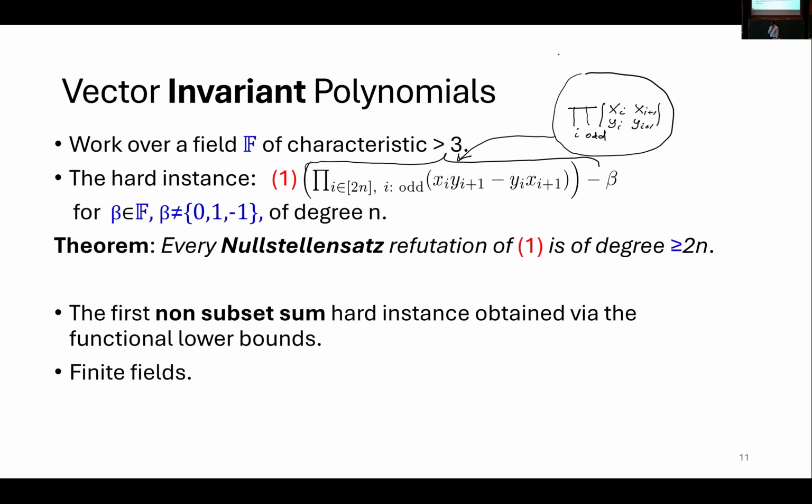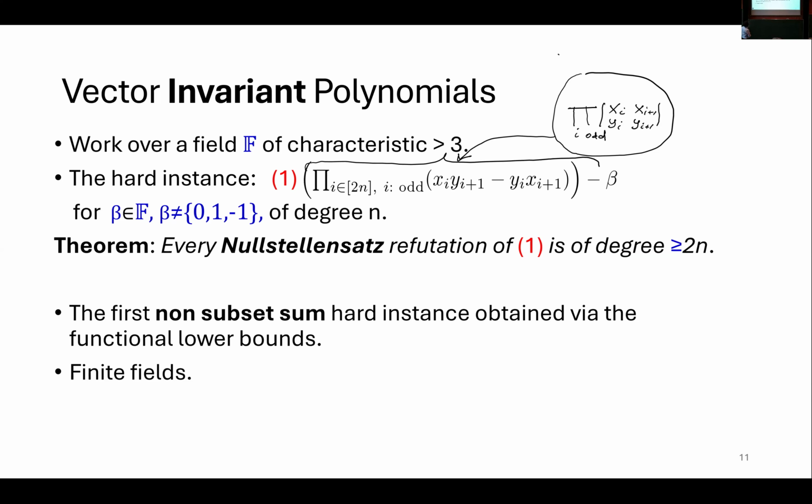Now let's look at this. This is new quantitatively. This is based on vector invariant polynomials. So it works over basically any field, with characteristic 0 or bigger than 3. And this is also new, because all previous IPS lower bounds were over characteristic 0 or large characteristic.